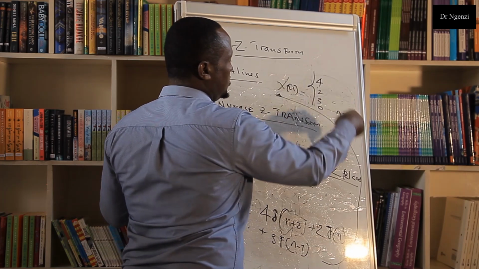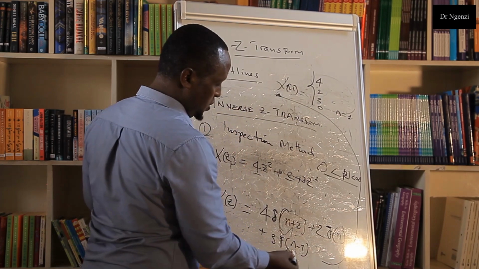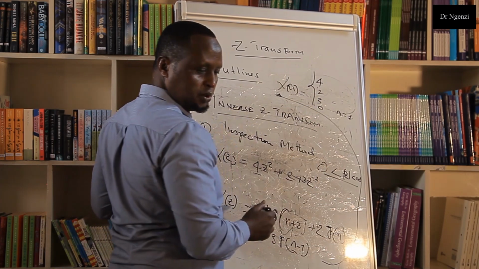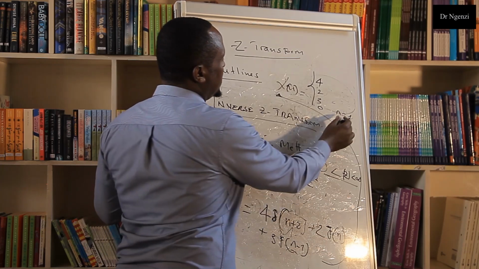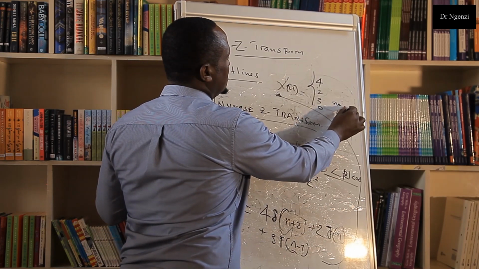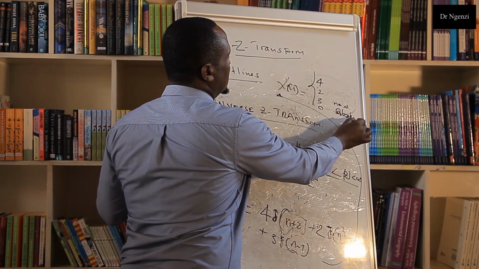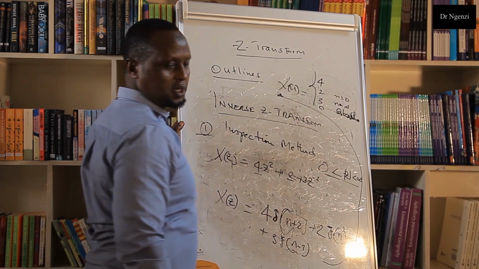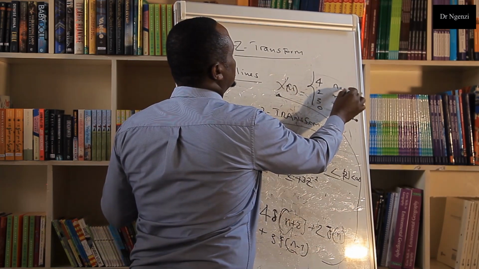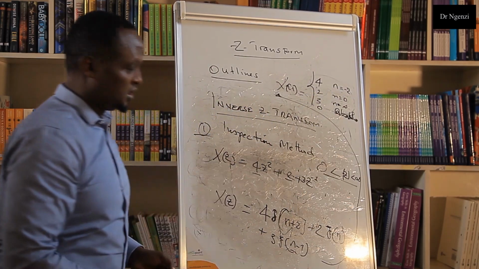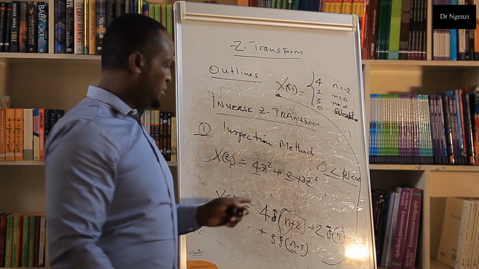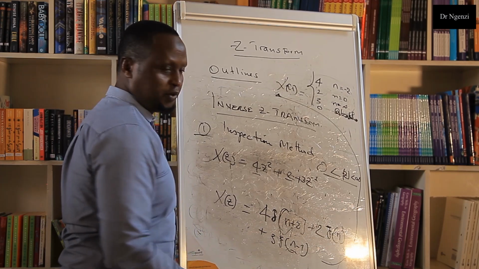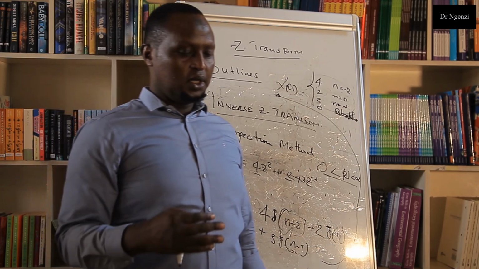That is, when you bring it back, it becomes n minus 1. It is going to be 0 elsewhere, and here is n equal to 0, and there it is n equal to minus 2. That is how you can interpret this function.